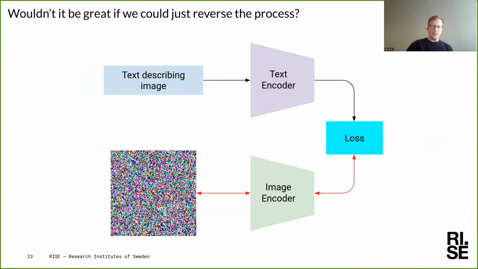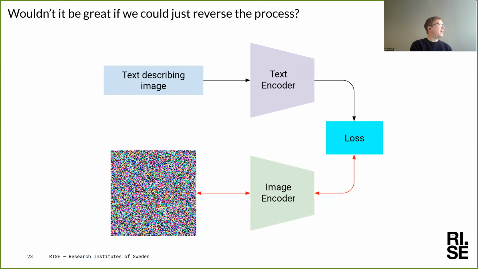Wouldn't it be great if we could just write a text and encode it and get an image out from any textual input? And if you are following OpenAI, they released a blog post and a paper about the really large transformer network that they called DALL-E, where they do exactly this. So they generate images from text.